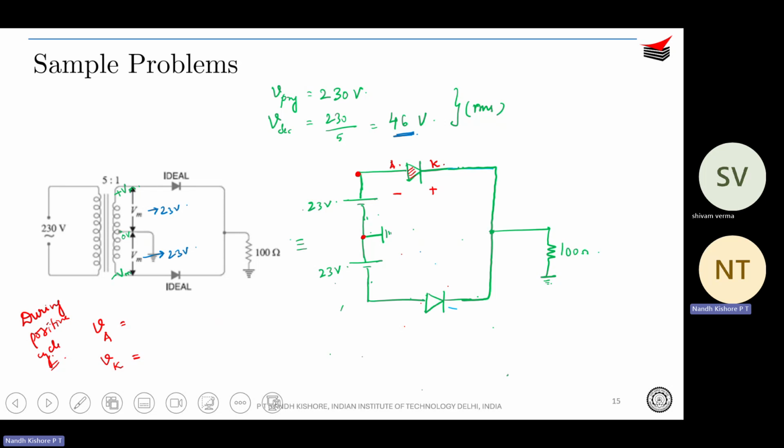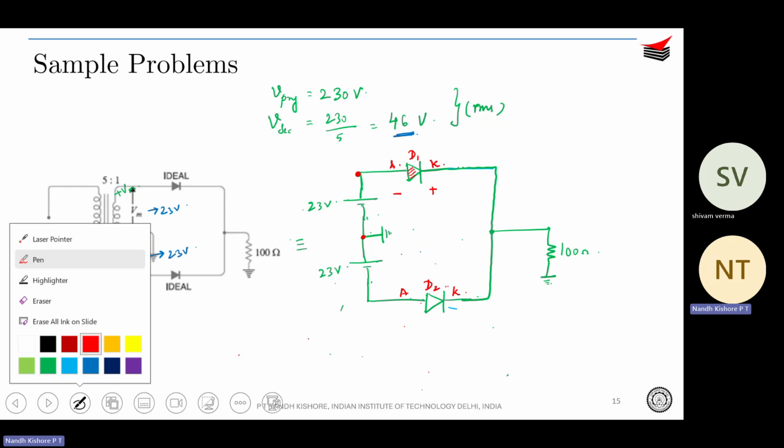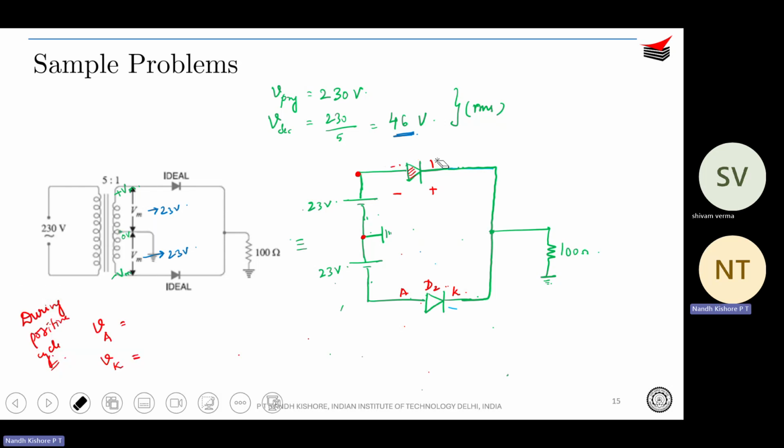During positive cycle, diode D1 would be on, D2 would be off. So let's calculate for D2. You have anode here and cathode here. Let me erase this.